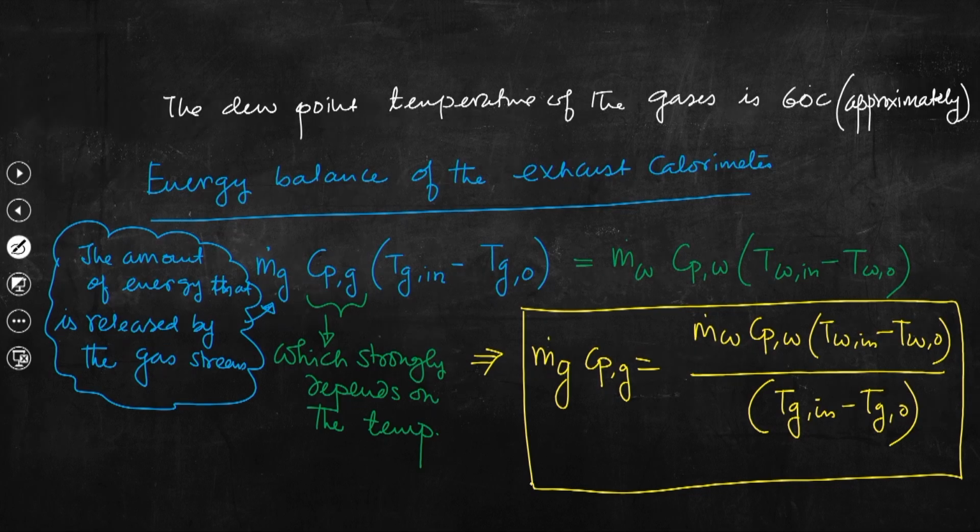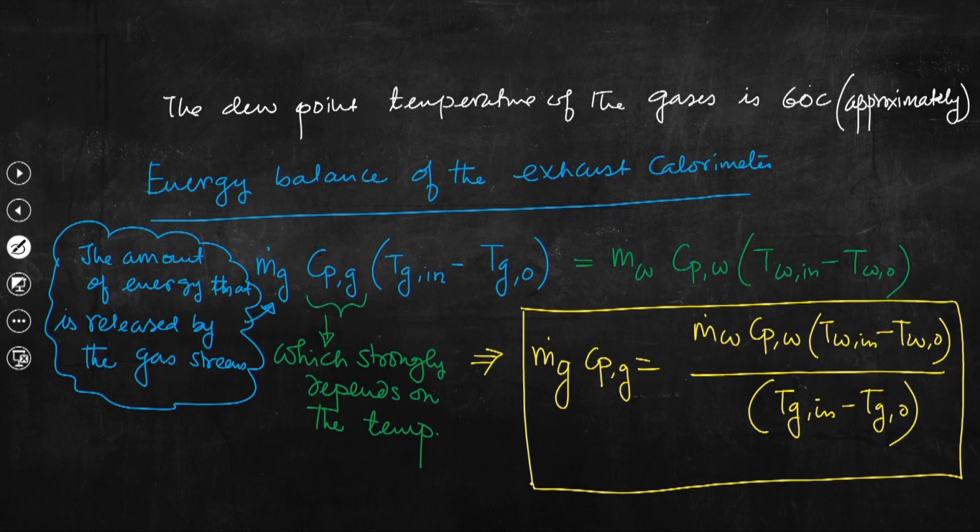So, try to look at the quantity on the right hand side of this equation. We know the mass flow rate of water, which can be measured, and the specific heat of water, which we can assume is not going to alter with water temperature, so that can be known a priori. We can measure the temperature of the cooling water at the inlet and at the outlet, and also the gas temperature at the inlet and at the outlet.